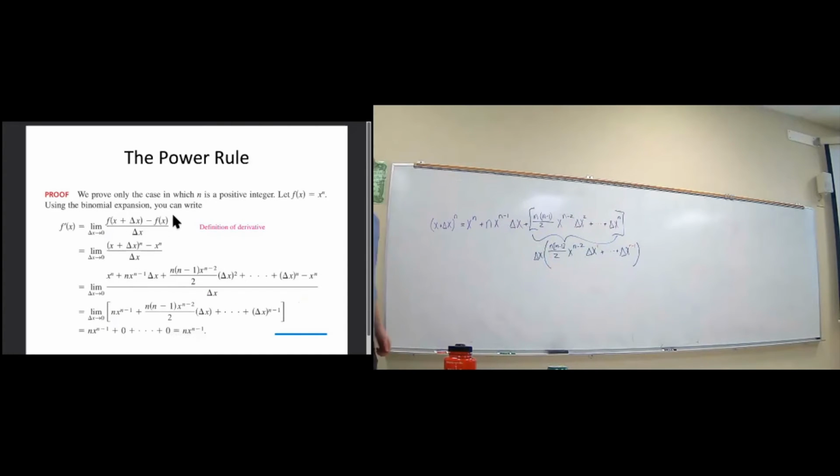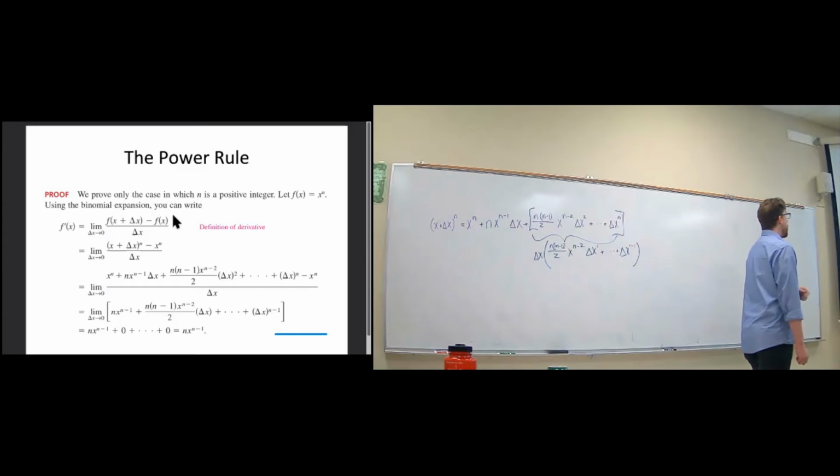Now, what we're going to prove is called the power rule. Starting off, we're going to have f of x plus delta x minus f of x divided by delta x. Take the limit as delta x goes to 0. Oh boy, right away we run into that binomial form, right? X plus delta x to the nth power minus x to the n divided by delta x.